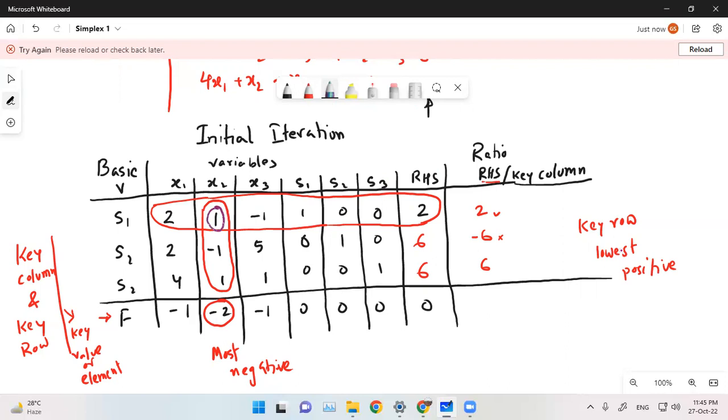Once we have the key element, if the value is not 1, we have to divide the entire row by a value that will make this element 1.